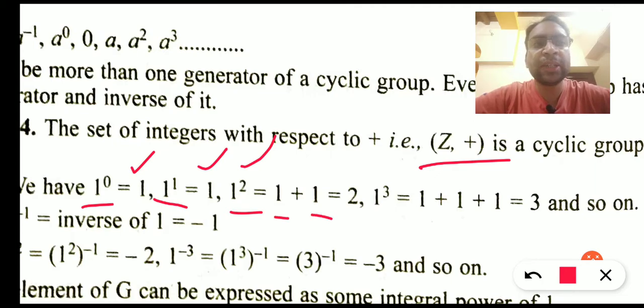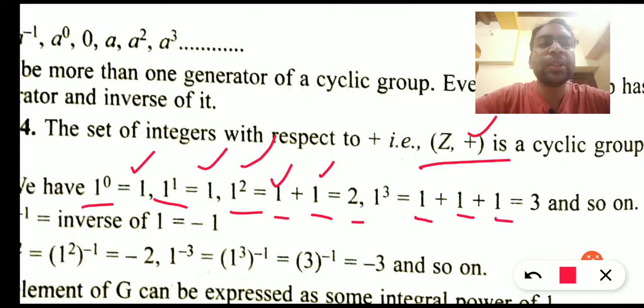Please don't be confused with 1 squared being equal to 1, because we are using the operator plus here. So 1 squared means we need to add 1 twice. So 1 plus 1 is 2. 1 cubed means we add 1 three times, so 1 plus 1 plus 1 is 3.